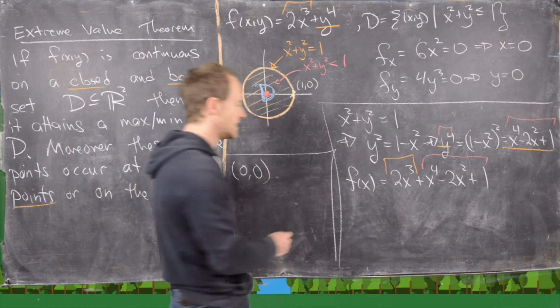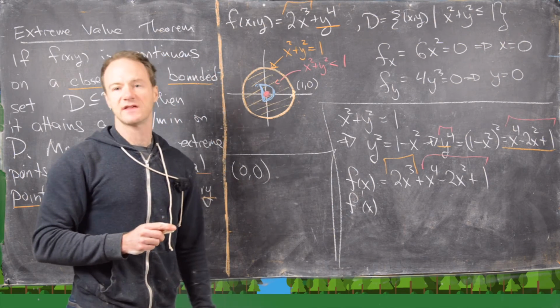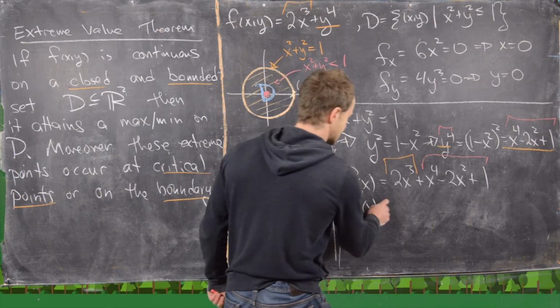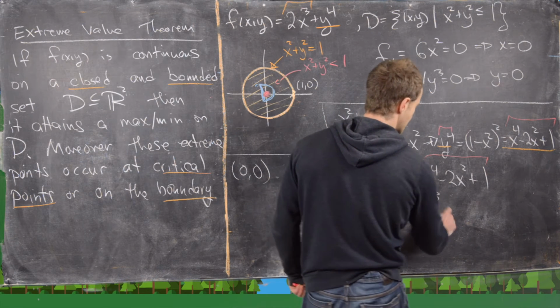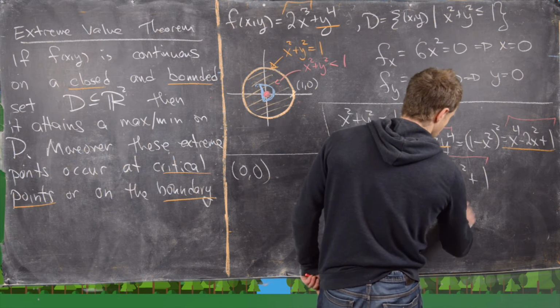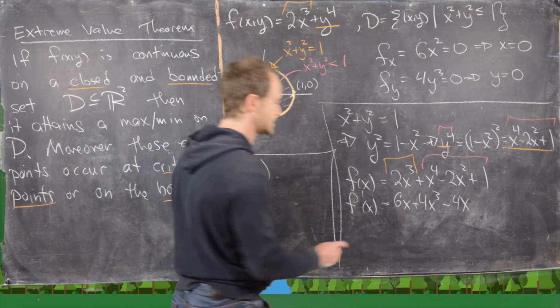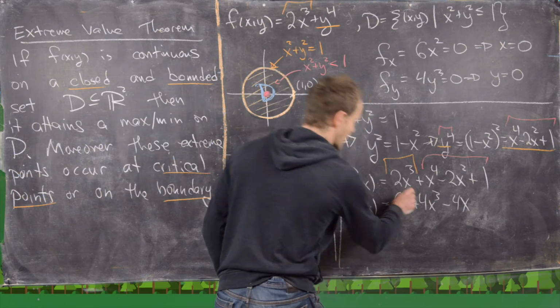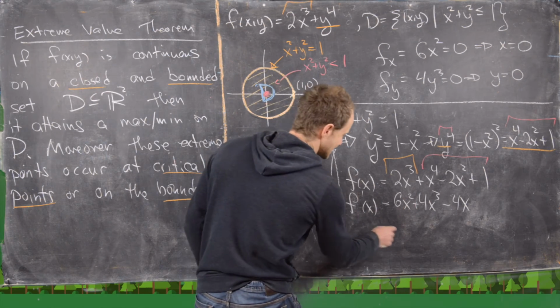Okay, fantastic. Now let's go ahead and take the derivative. So if we take the derivative with respect to x, that's going to give us 6x squared plus 4x cubed minus 4x. Now notice we can factor a 2x out of that.